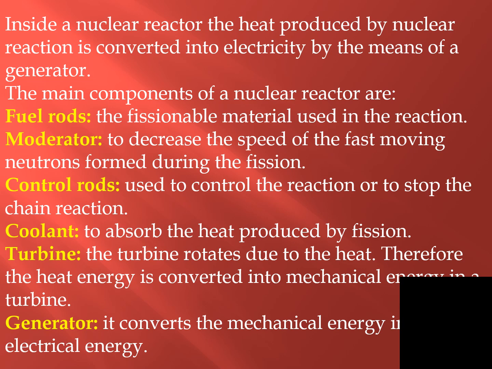So now to sum up, what are the various components of the nuclear reactor? Fuel rods, control rods, moderators, coolants, then protective shield, turbine and generator. And the whole core of the nuclear reactor is placed inside a vessel that is known as a pressure vessel.